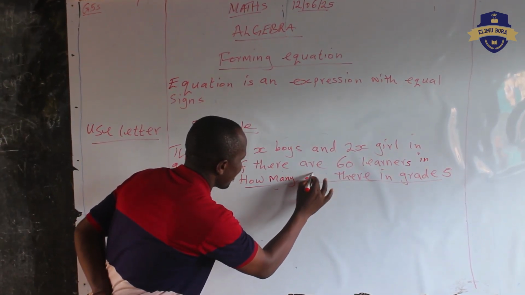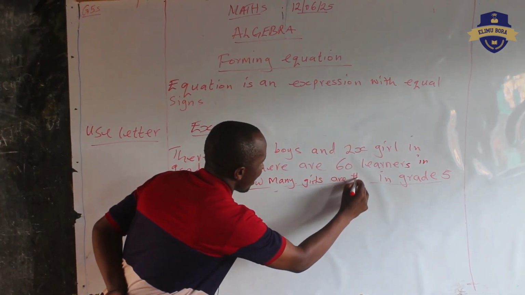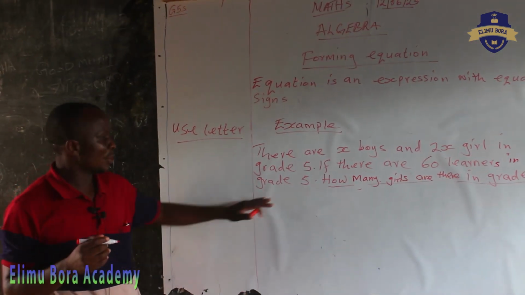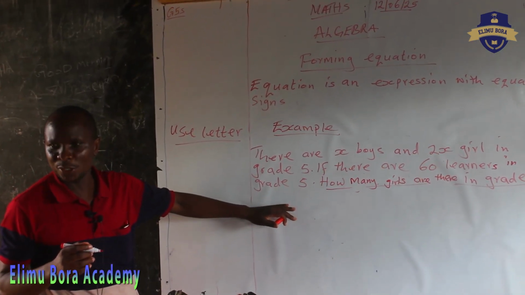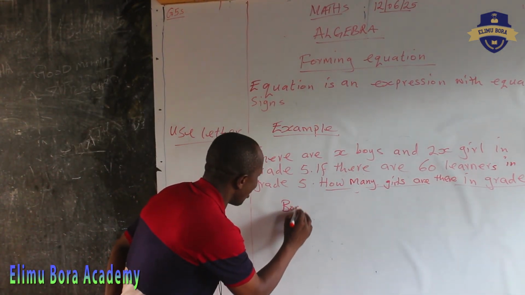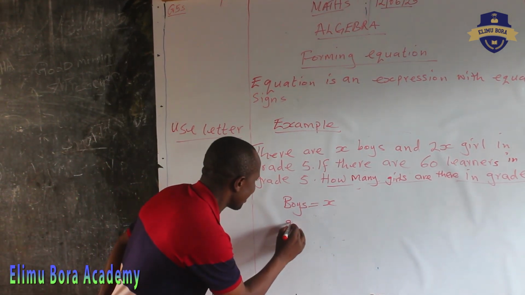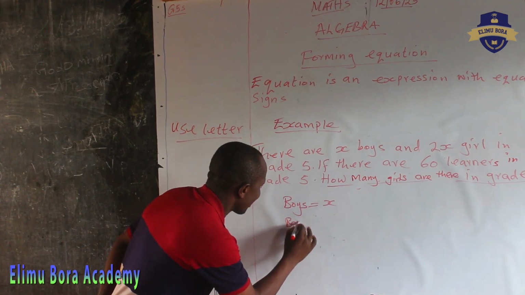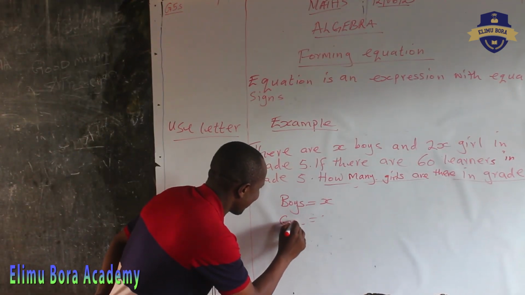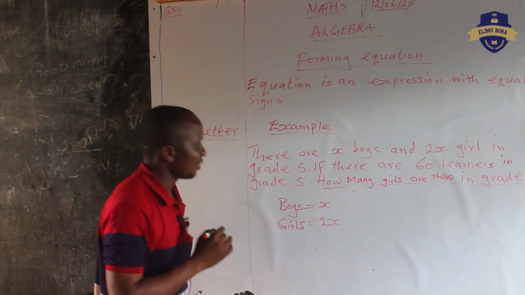How many girls are there in grade 5? So we form what we call an expression. How many boys are here? X. How many girls? 2X girls. Then the total.